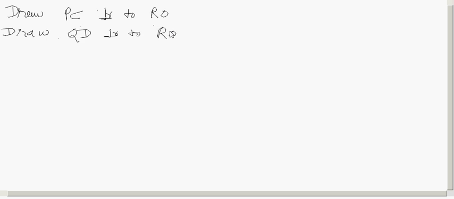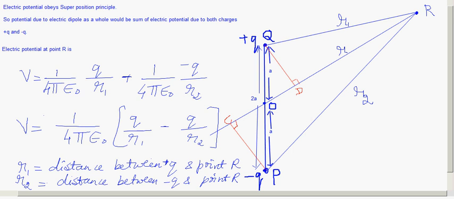Now from these triangles we will try to find R1 and R2 in terms of R, and let this angle be theta. So this angle is theta and this angle is also theta.